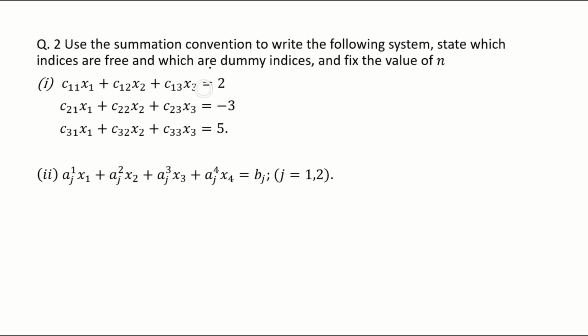So let's write, first convert equations. First write each equation in the form of expression, then we will combine them. First read equation 1. Here we have C11 x1, C12 x2 and C13 x3. As you can see, the first subscript for C is same, 1, 1 and 1. So we can write C1, and the second subscript is varying 1, 2, 3. And when your second subscript is 1, x has subscript same 1.